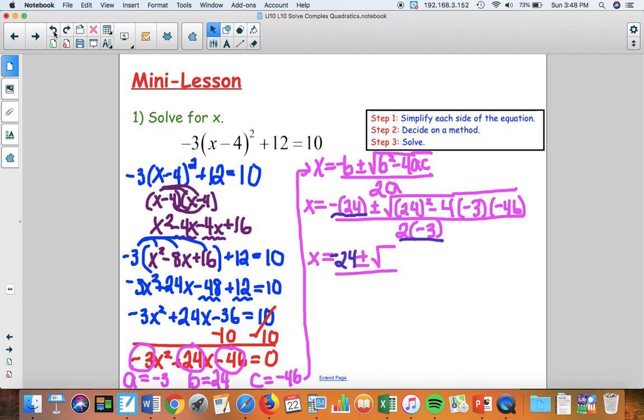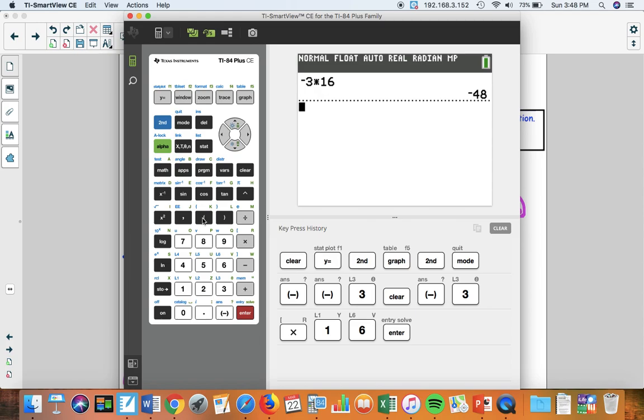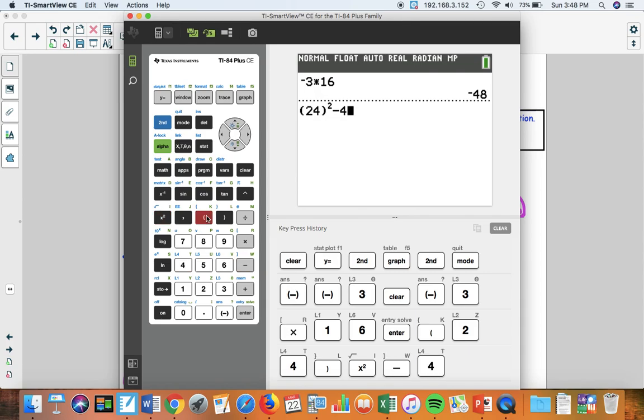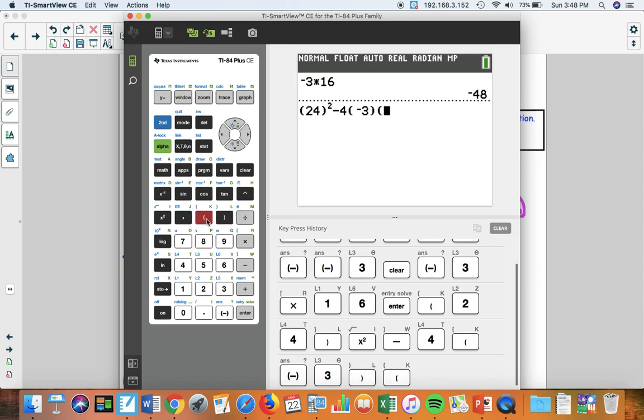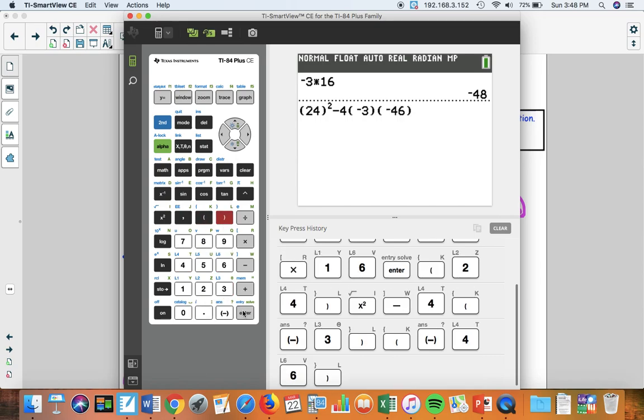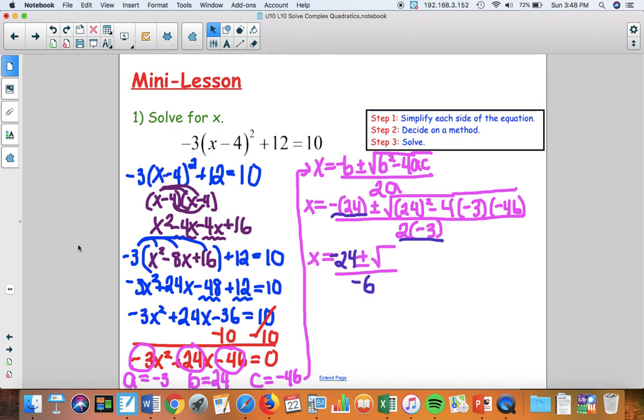In the denominator, 2 times negative 3, that's negative 6. And to find the number that goes underneath, we use our calculator. We do not type the radical in our calculator during this step. So we have 24 squared minus 4 times negative 3 times negative 46. And we get 24. So 24 goes under the radical.